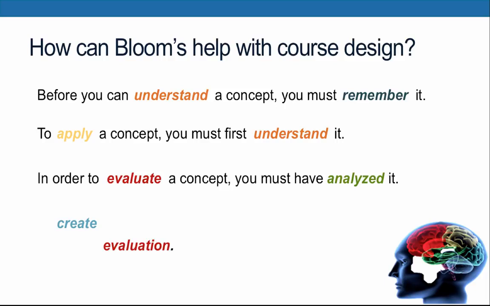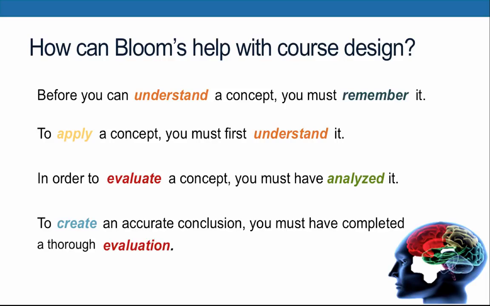In order to evaluate a concept, you must have analyzed it, and to create an accurate conclusion, you must have completed a thorough evaluation. As you introduce new concepts to students, they will need to remember, understand, and apply the concepts to move forward to the higher order skills, such as analyzing, evaluating, and creating.